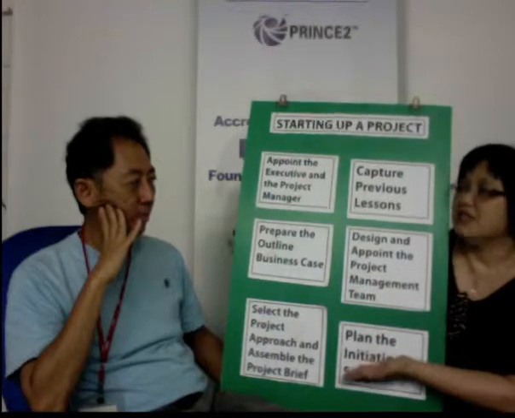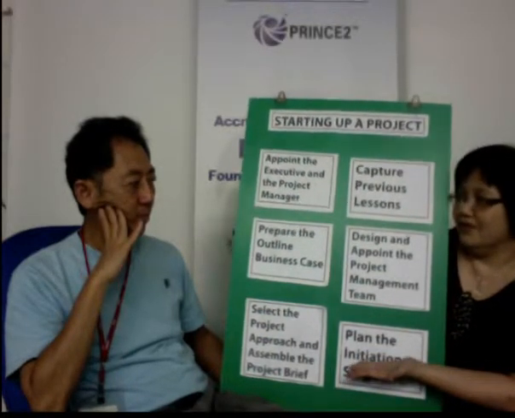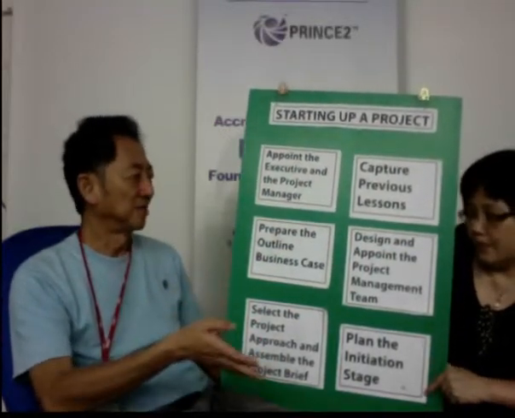And what are the things you need? What are the management products or deliverables that you need to produce during the initiation stage? Initiation stage, I understand, is the first stage of any PRINCE2 project, right? Yes. And that is actually where you do the detailed strategizing and planning. So here we are basically talking about planning the planning, right? Yes. In a sort of way.